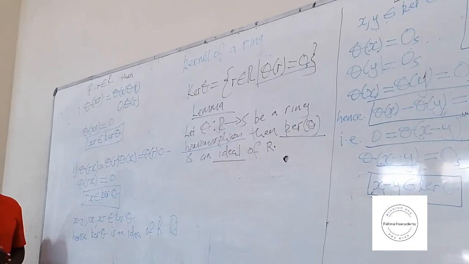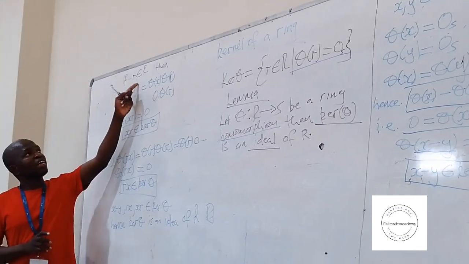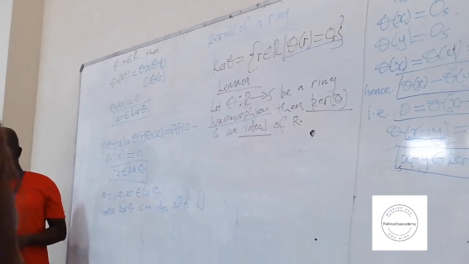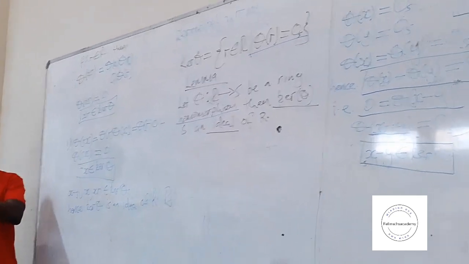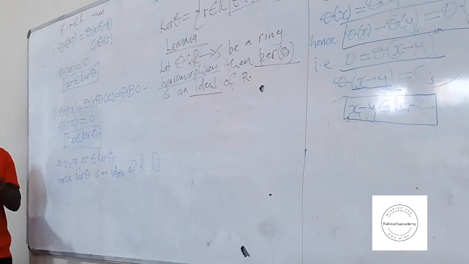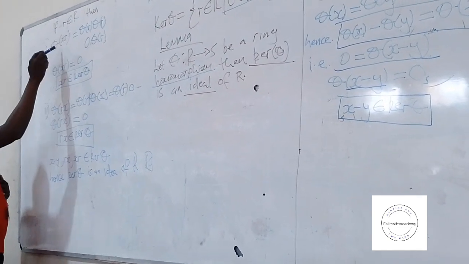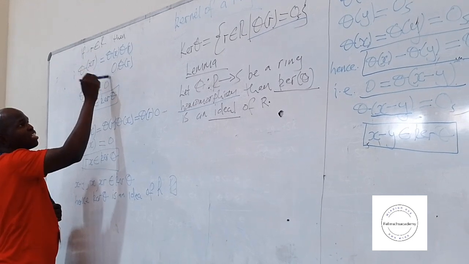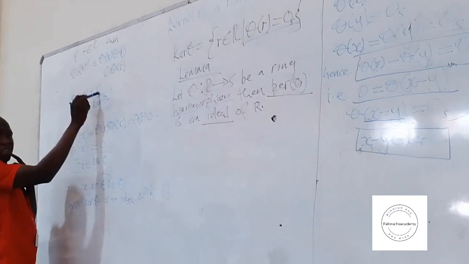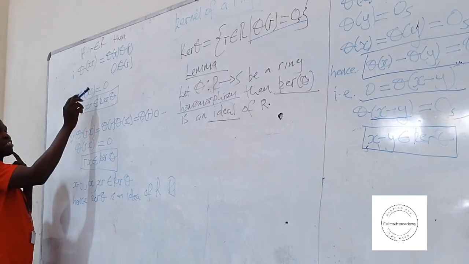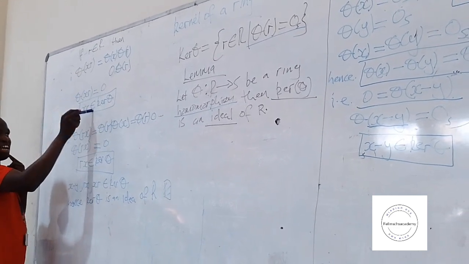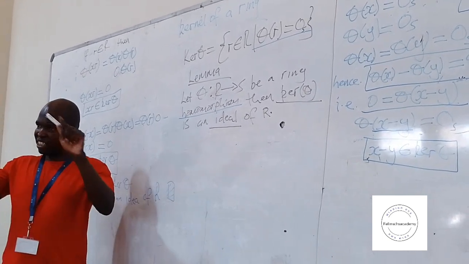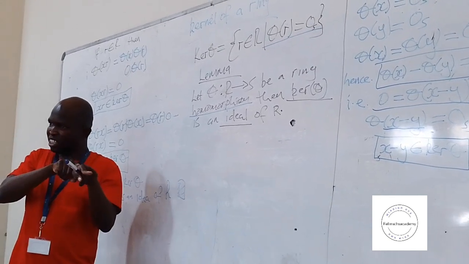We take another element r of the ring R, and R is a left ideal, right ideal. Theta of x r is a homomorphism, and we already know theta x is 0, so we arrive at 0. So theta x r is equal to 0, which means x r is an element of the kernel of theta. At each stage, the element must be shown to be in the kernel of theta.